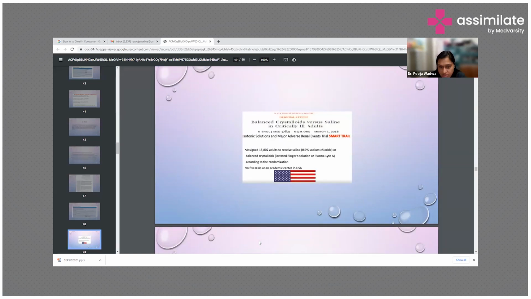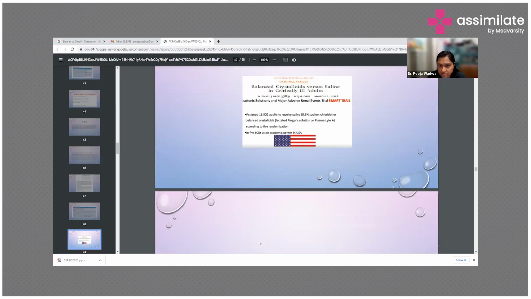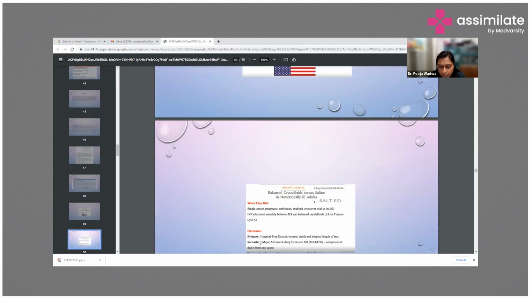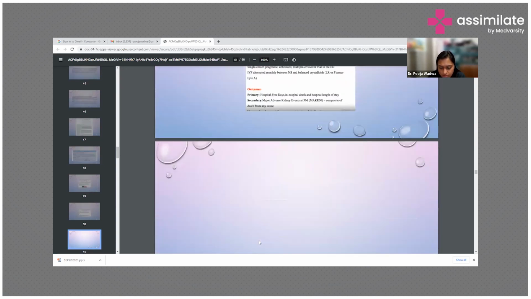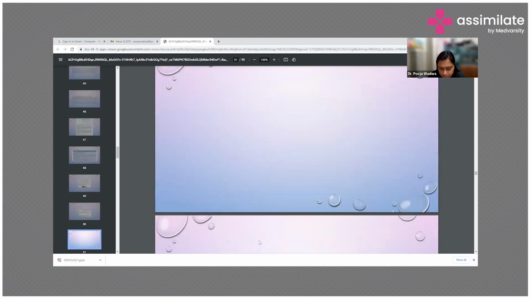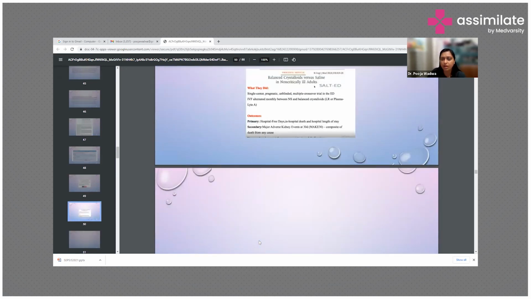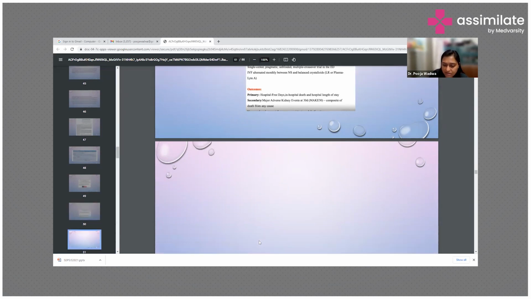This study was done in 5 ICUs in the US: Isotonic Saline and Major Adverse Renal Events trial, that is the SMART trial. It was a multicentric, pragmatic, unblinded trial between NS and balanced crystalloids.